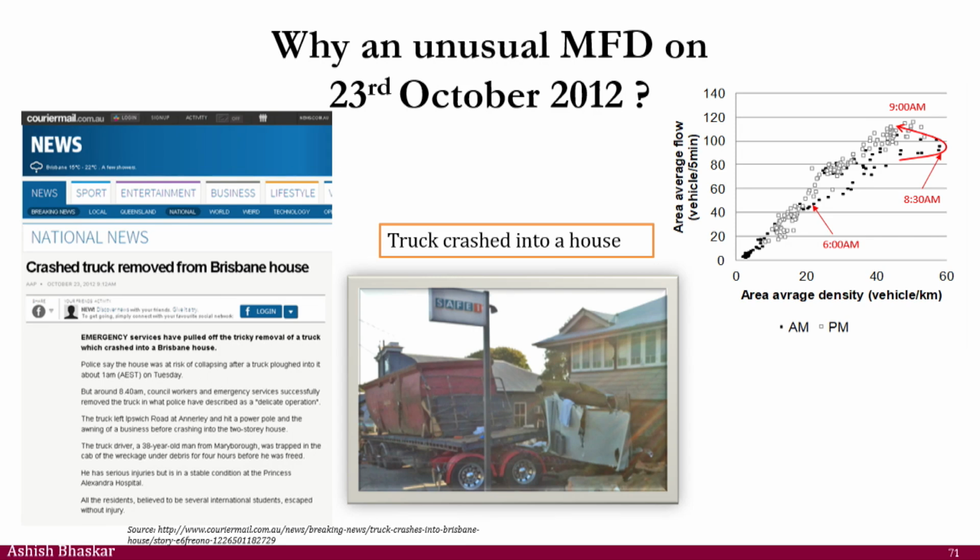It took a while for them to remove the truck, and this newspaper says that around 8:40 a.m. the council worker and emergency service successfully removed the truck in what police have described as a delicate operation. So that data is clearly showing that the report was fine. So it is saying 8:40, around 8:30 we are observing the recovery in the system.